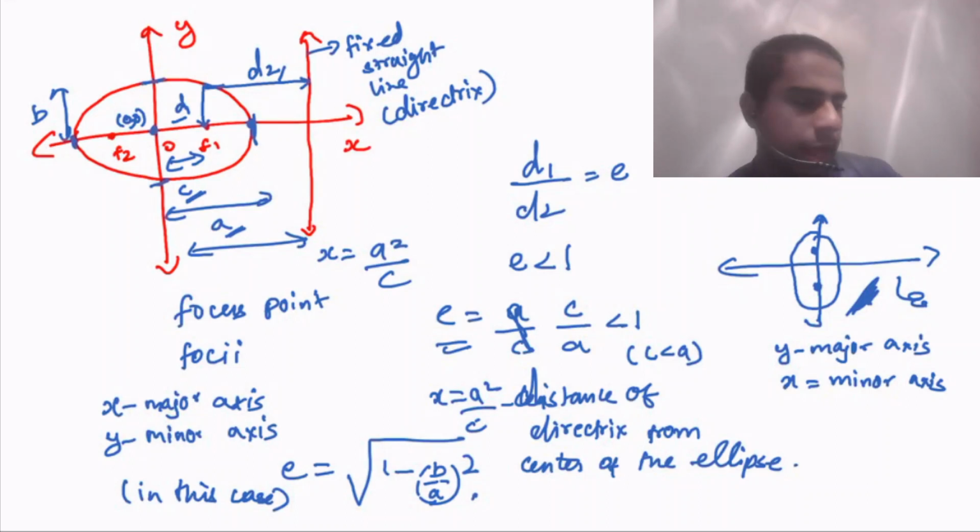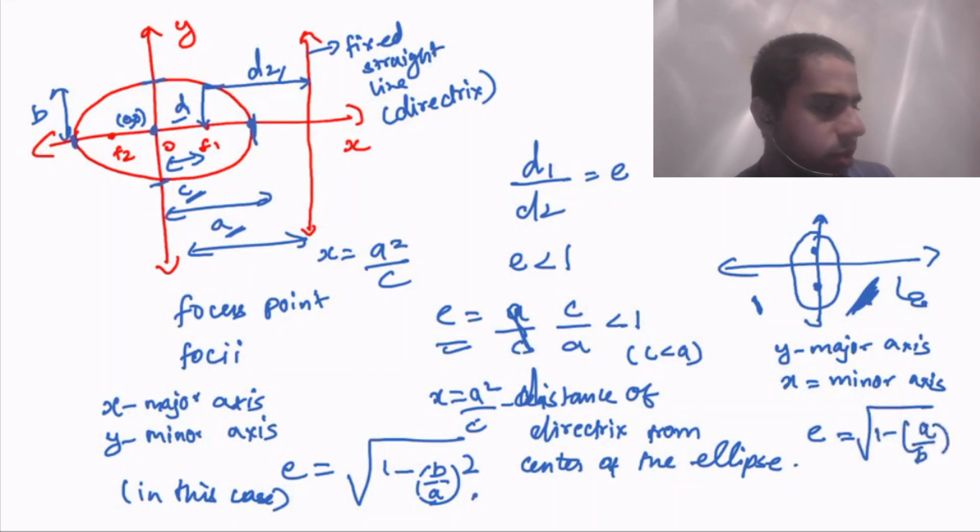So when we consider this ellipse, where y is the major axis and x is the minor axis, we get eccentricity is equal to root of 1 minus (a by b) the whole square, right?